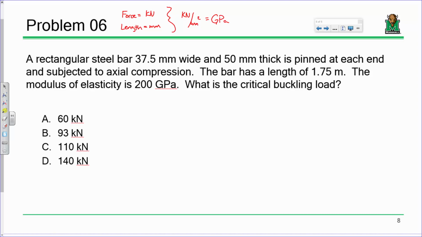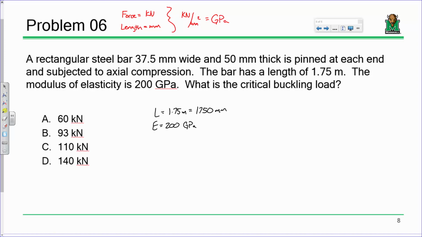The nice thing is that only the length needs to change: 1.75 meters is 1,750 millimeters. Everything else I can leave the way it is. The E is 200 gigapascals. Pretty simple.